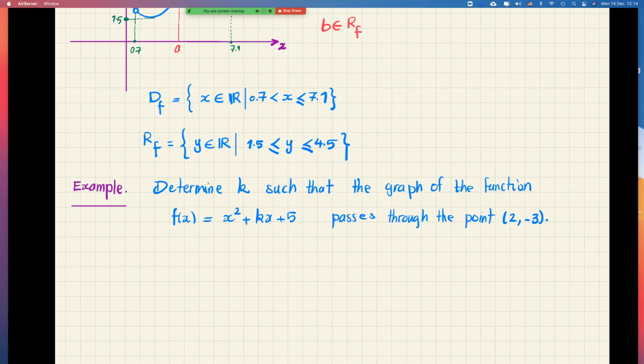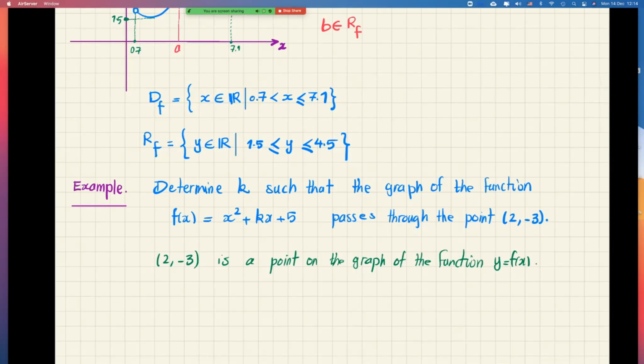So exactly, what we solve is this. I would say that (2, -3) is a point on the graph of the function y equals f of x.